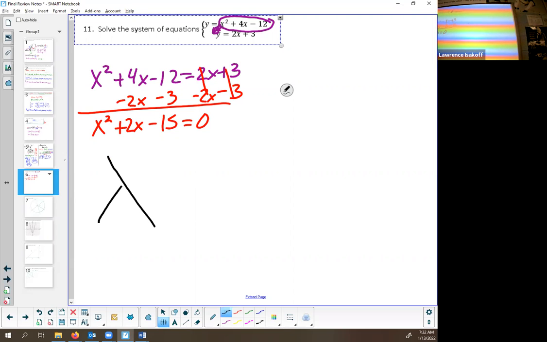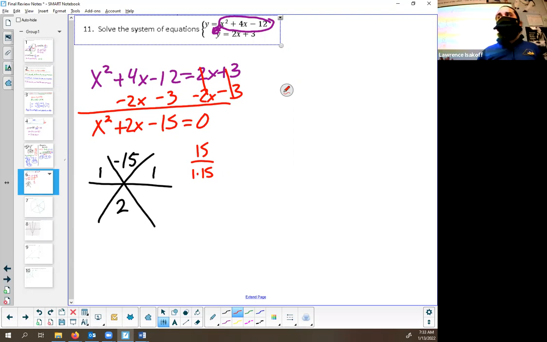So I'm going to set up my snowflake. Negative 15 in the numerator, 1 and 1 on the sides, 2 on the bottom. So what multiplies to give me 15? We have 1 and 15, right? What else? What multiplies to give me 15?